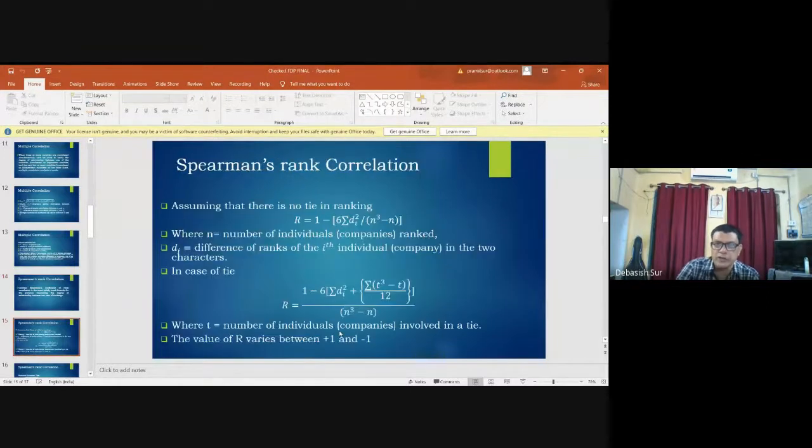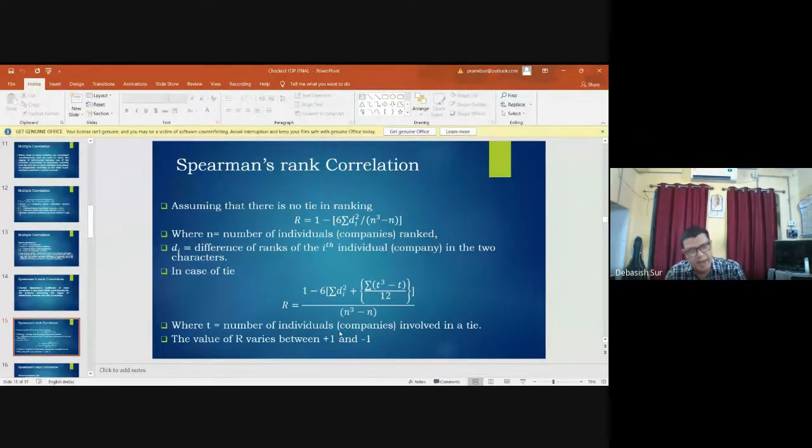The Spearman rank correlation coefficient represents the correlation coefficient between the ranks of the values of the two variables.